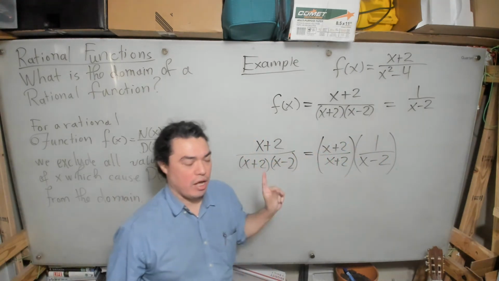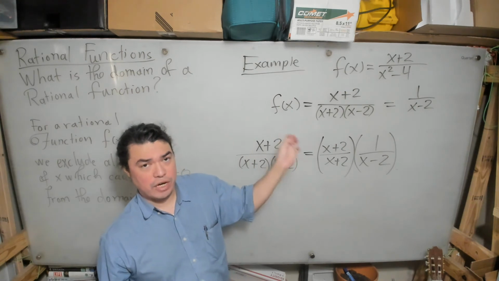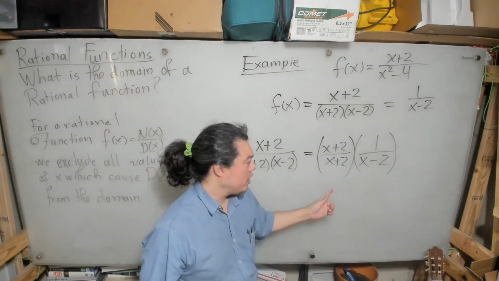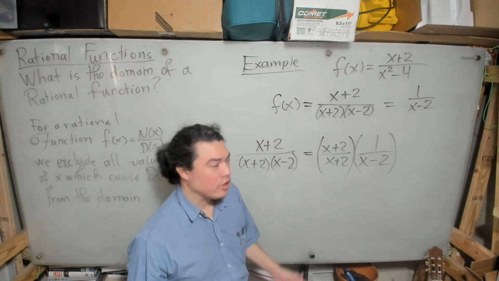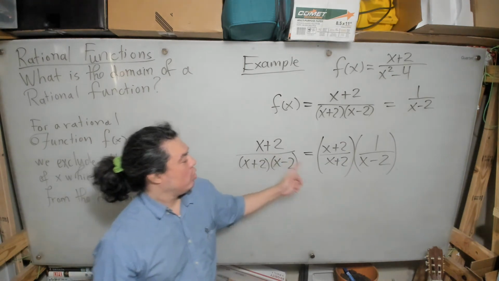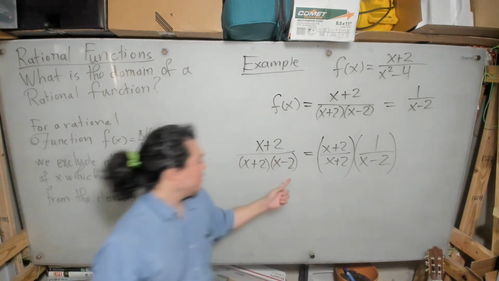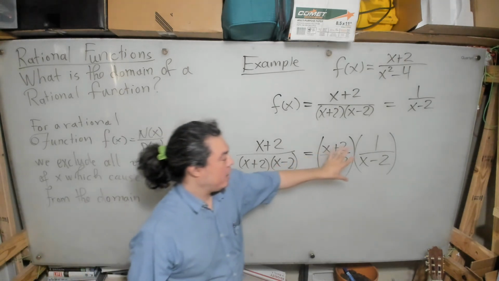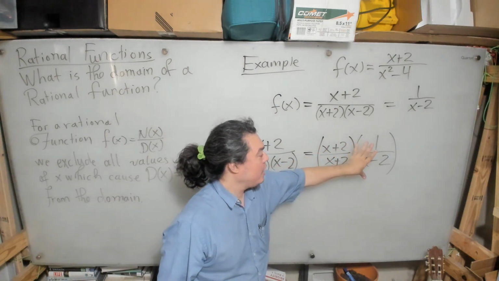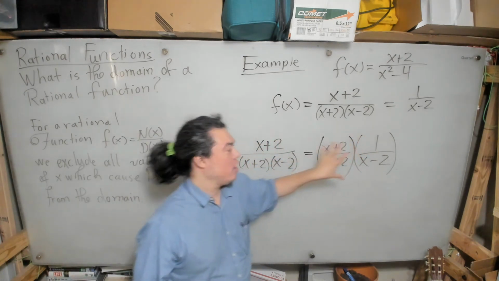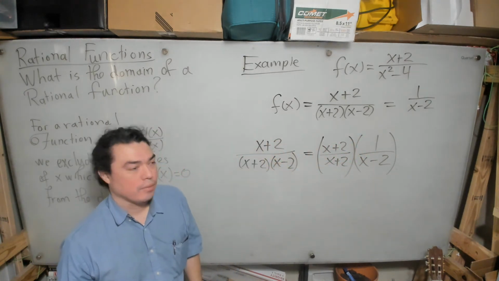I would say, okay, the product of two fractions is the fraction whose numerator is the product of the numerators, and whose denominator is the product of the denominators of the fractions being multiplied. What's 1 times (x plus 2)? It's x plus 2. What's (x minus 2) times (x plus 2)? It's, of course, (x minus 2) times (x plus 2). So you can see that, in fact, this expression is a legitimate factorization of this expression here, okay?